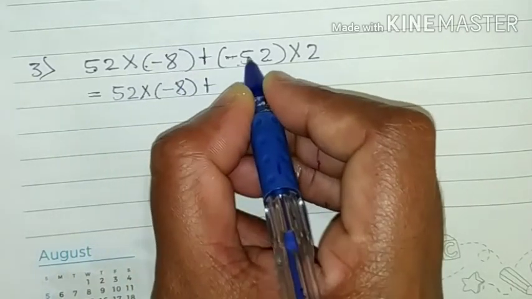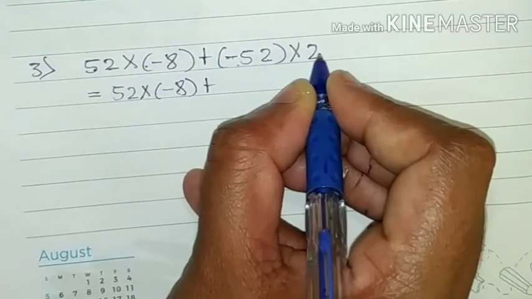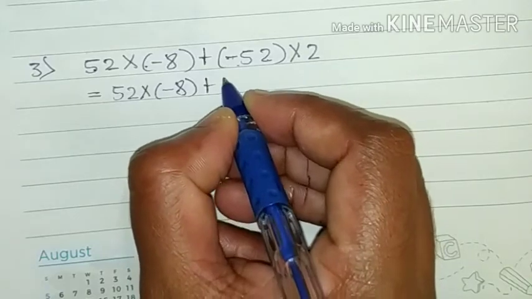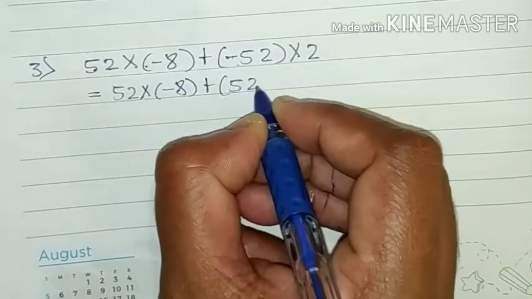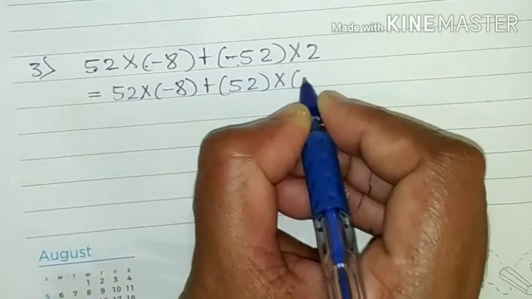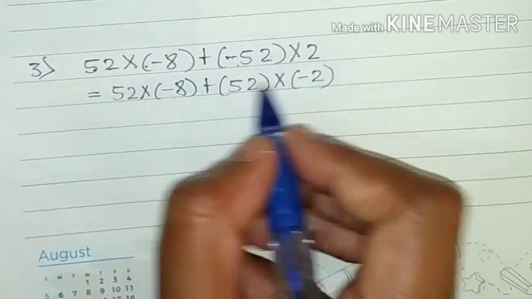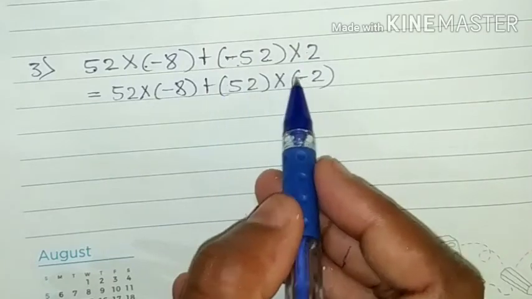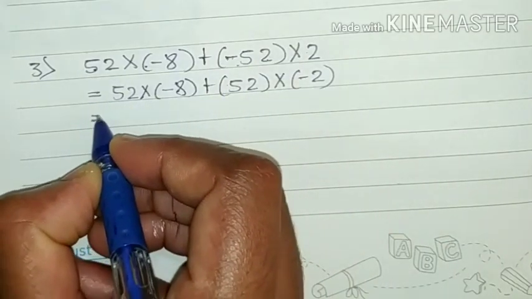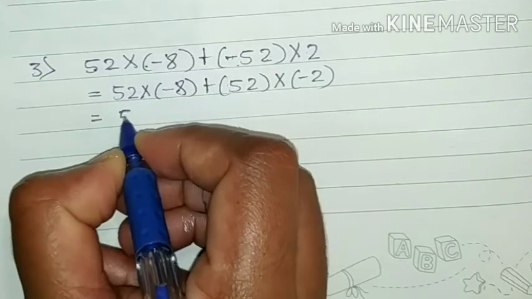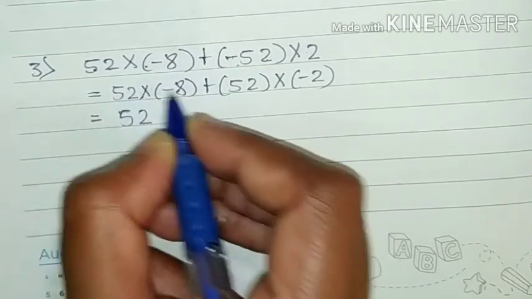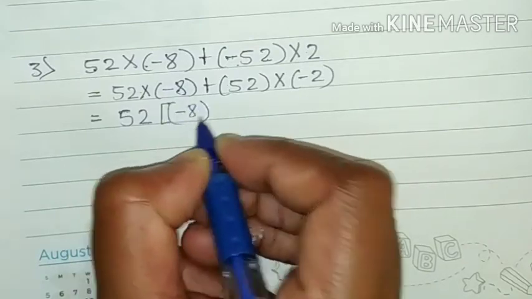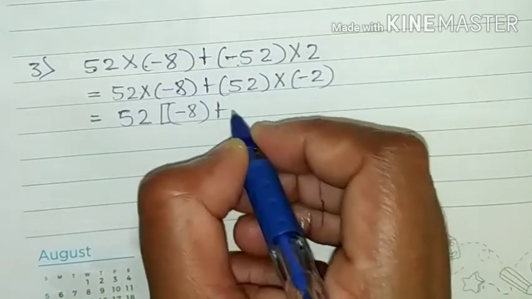Then plus of minus 52 into 2 is also the same, and we will write it as 52 into minus 2. The products are also the same, no? Minus plus is minus only. Then we will change the sign here. Then we can easily use the distributive property. 52 will be taken as common. Then what is left? Minus 8 plus of minus 2.